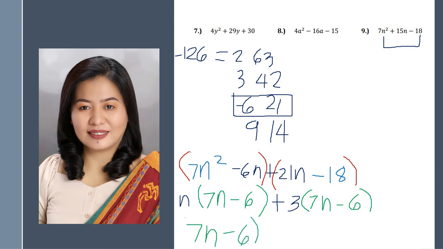And the second factor will be n plus 3. So these are the factors of 7n squared plus 15n minus 18.